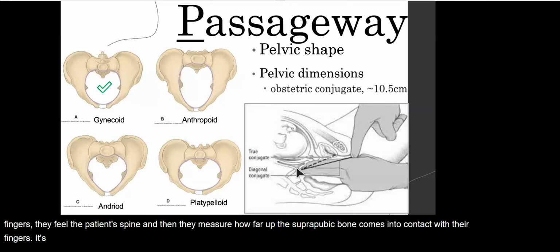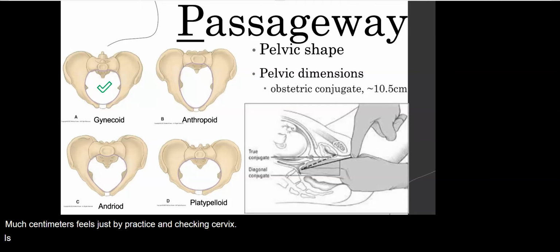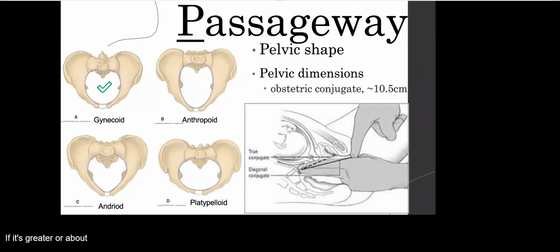It's measured in centimeters, and we learn about how much centimeters feels just by practice and checking cervixes. And so if this obstetric conjugate is greater than or about 10.5 centimeters, that means that baby will probably fit through her pelvis once it's time.